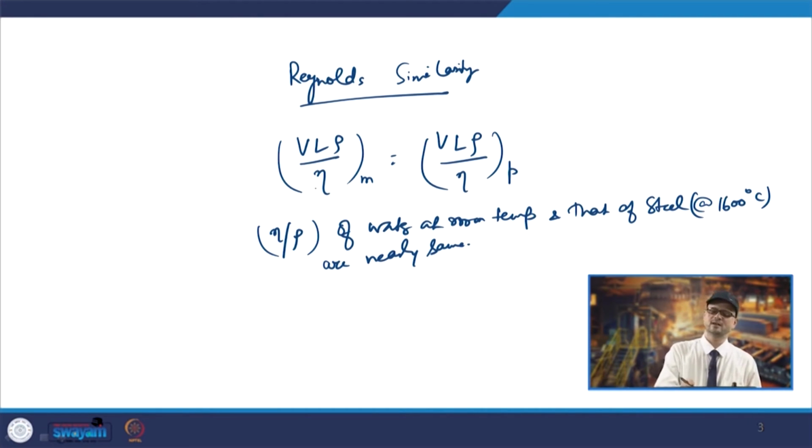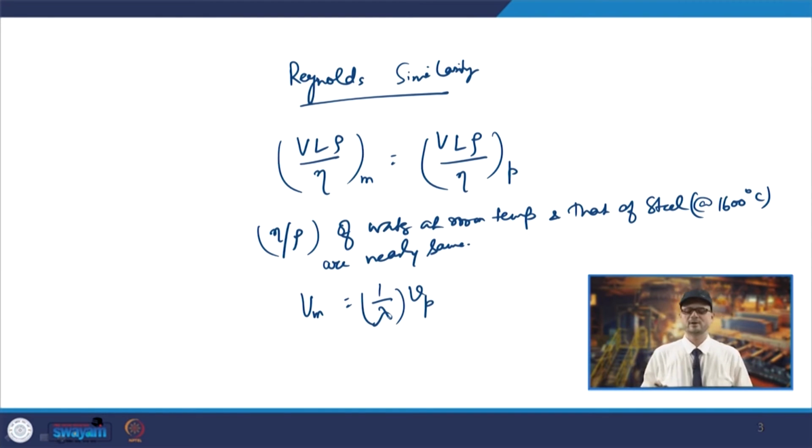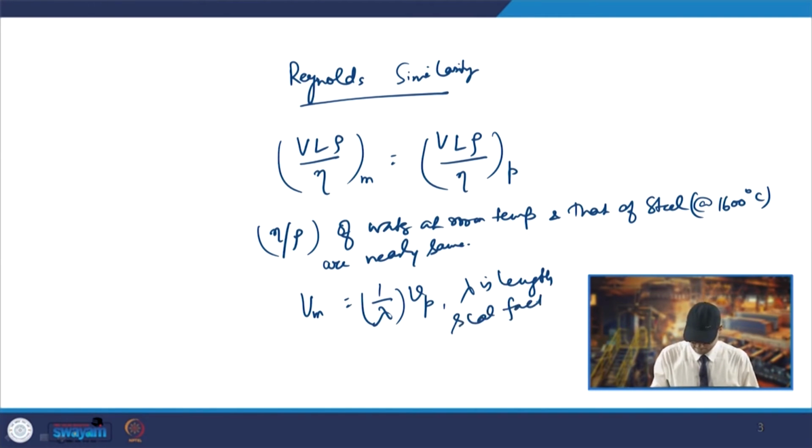So, eta by rho will be cancelled. So, Vm by Vp will be Lp upon Lm. So, basically you will have the inverse of the scale factor. So, Vm will be 1 by lambda of Vp, because the ratio will be 1 by lambda, that is your geometric scale factor. So, lambda is the length scale factor. So, the Reynolds similarity gives you this condition.